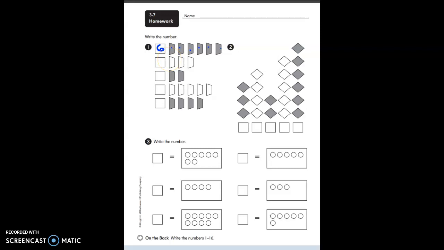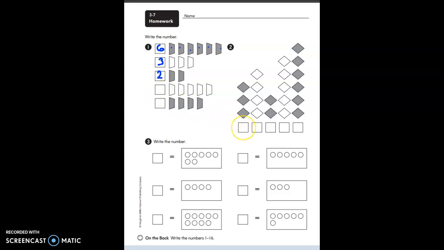So even if it is tilted in a different direction, the shape is always the same, no matter which direction it's pointing. And I see 1, 2, 3, so I'm going to put a 3. I see 1, 2, I'm going to put a 2. And then you're just going to continue on counting the shapes and writing the number in the square.